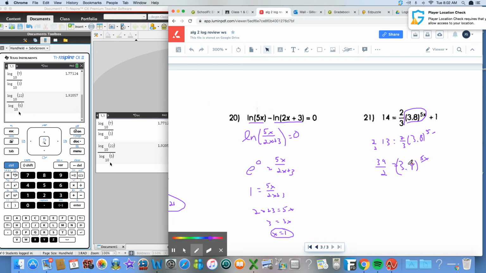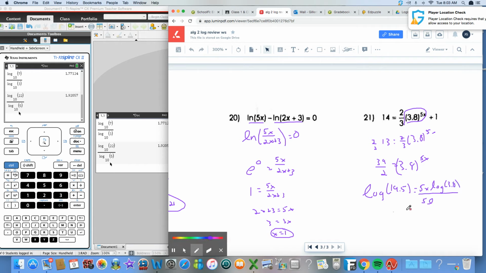All right, so now we can take the log of both sides. So we got the log of 39 over 2, which I can rewrite as 19.5, equals, I'm just putting the exponent out in front to start, 5x of log of 3.8.